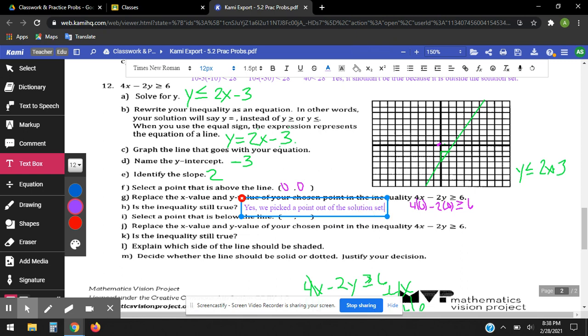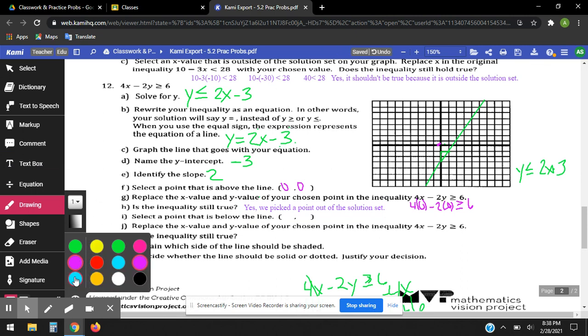Select a point that is below the line, which is what we wanted, right? Less than or equal to. So let's do 0, -5. Let's replace that in our inequality. 4 times 0 minus 2 times -5. Is that greater than or equal to 6?